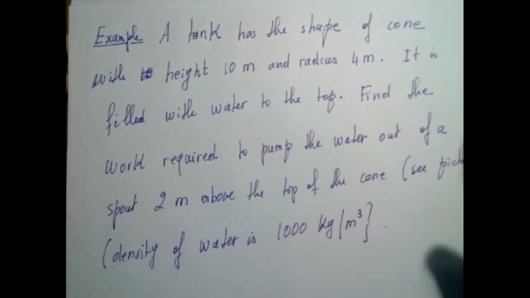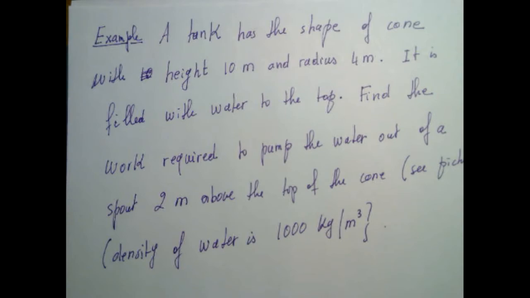So we have a tank. I changed the shape of it, and it has the shape of a cone with height 10 meters and radius 4 meters. And the tank is filled with water to the top. Find the work required to pump the water out of a spout 2 meters above the top of the cone.